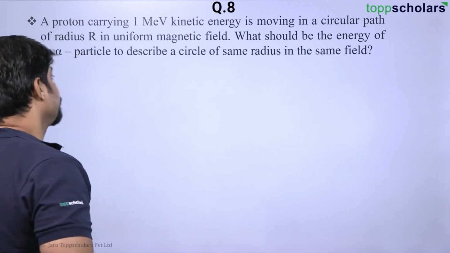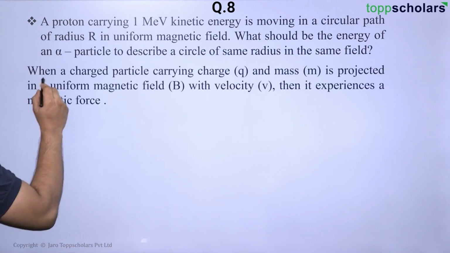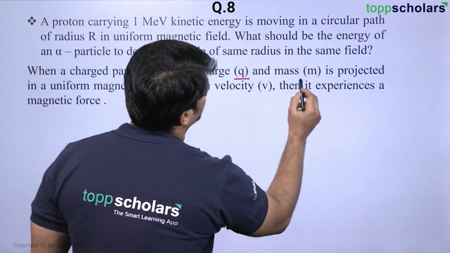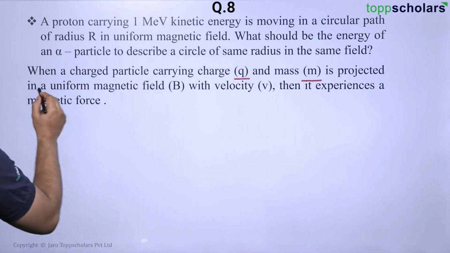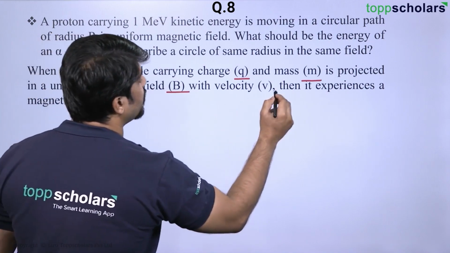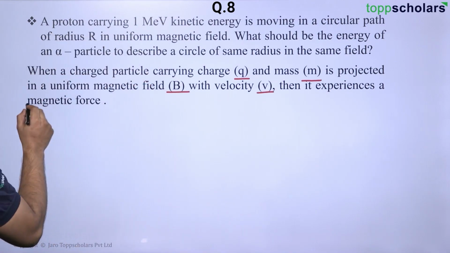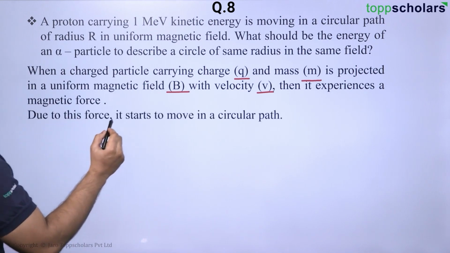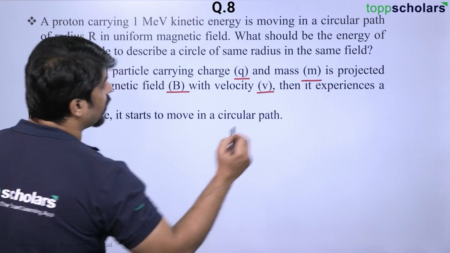So let's look at the solution. When a charged particle carrying charge q and mass m is projected in a uniform magnetic field B with velocity v, then it experiences a magnetic force. Due to this force, it starts to move in a circular path.